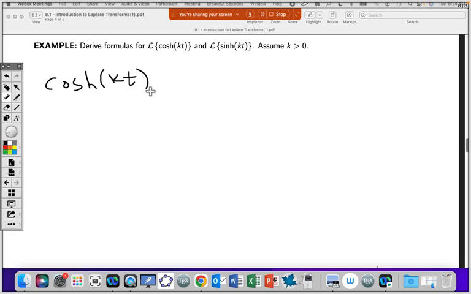So we have to remember that cosh itself is a linear combination of exponentials. Does anyone happen to remember which one it is? Yeah, there you go. Perfect. We missed you last week, Zeron. So that's e to the kt plus e to the minus kt, all over 2.